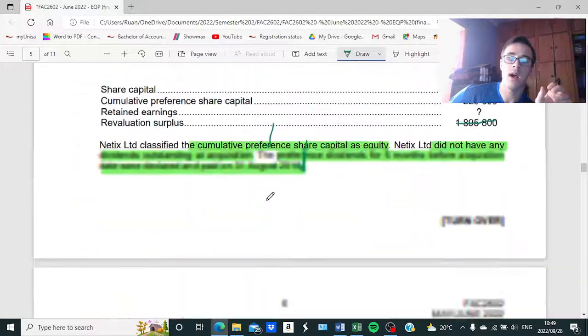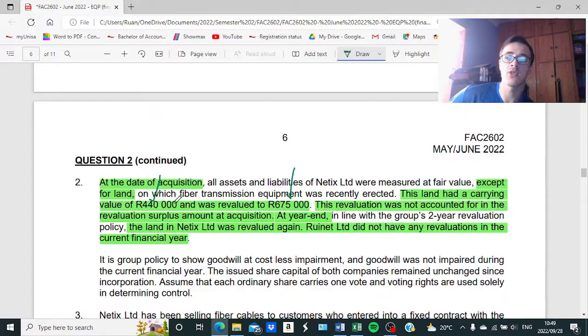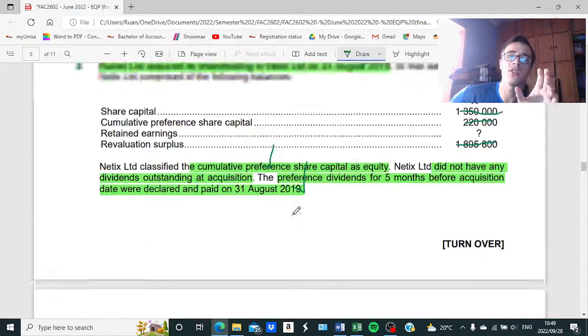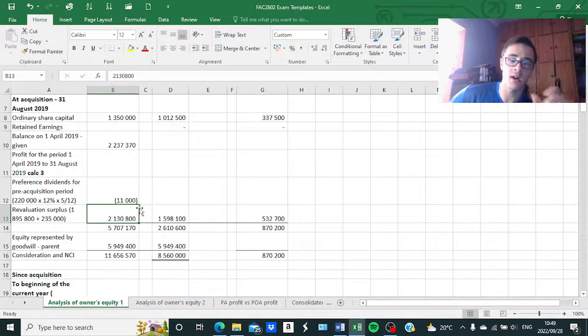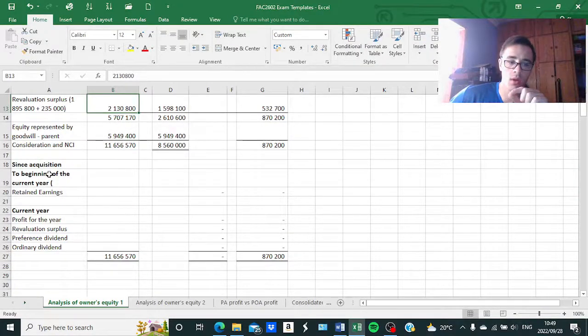What they are telling you here is that the 235,000 that you have calculated is part of the year-end balance, so it is included in the balance on the 31st of March 2020. It is just not part of this balance right here. So the only thing you need to do is adjust this amount by 235,000 in order to calculate the correct balance of RVS at acquisition.